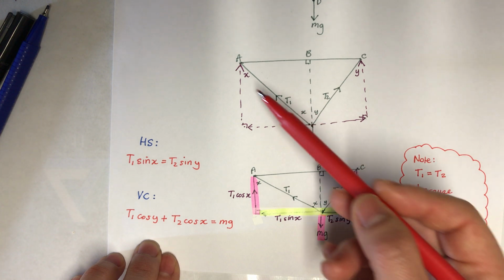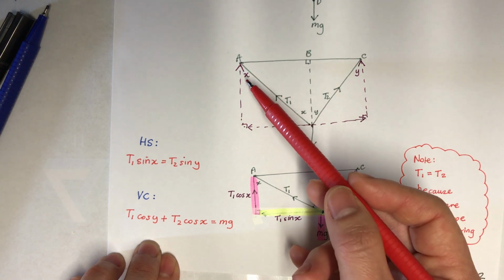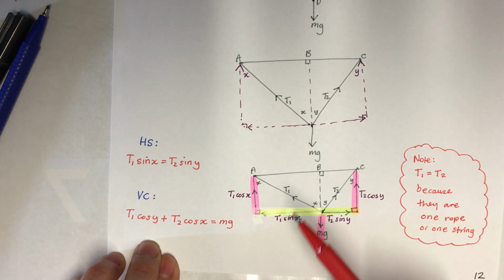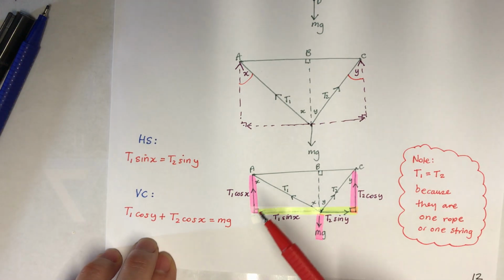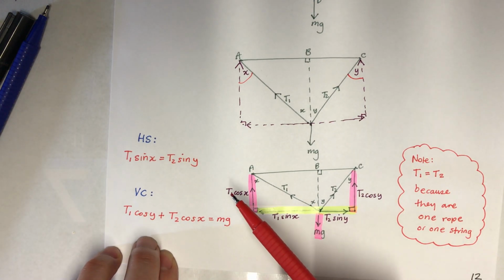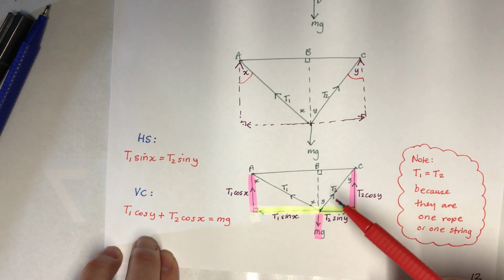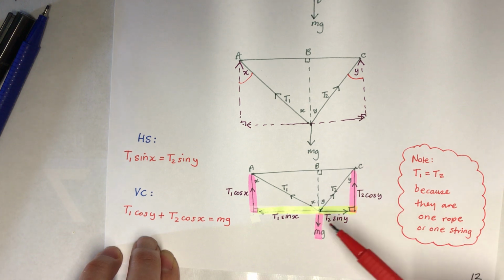So that was the X, so it's an alternate angle because they're parallel to each other. So that's an alternate angle here. Okay, so the angles here, angles here. So therefore my forces will be, this one will be T1 cos X, T1 sine X, and that one will be T2 cos Y, and that will be T2 sine Y.